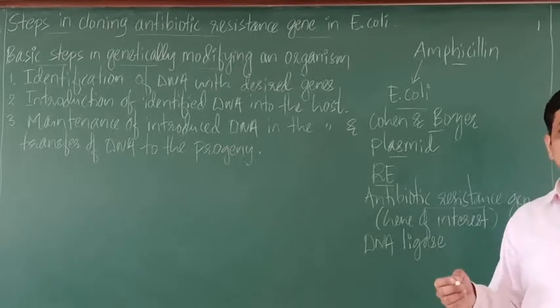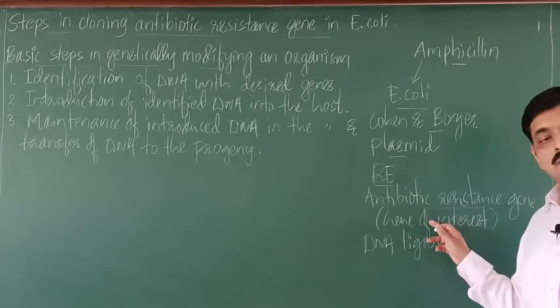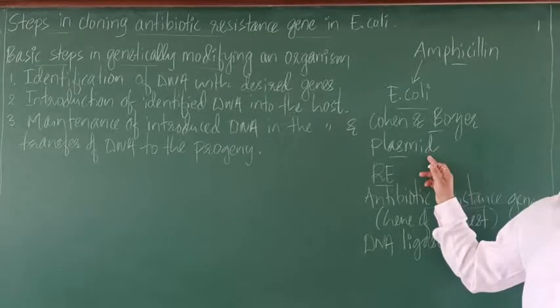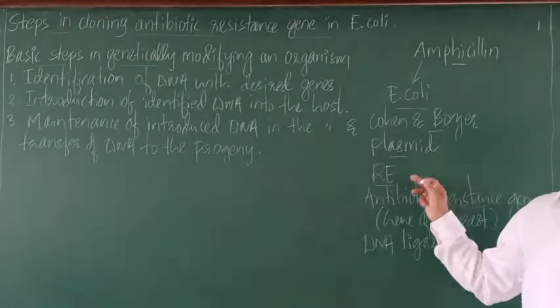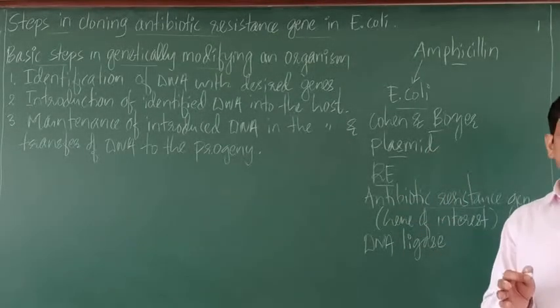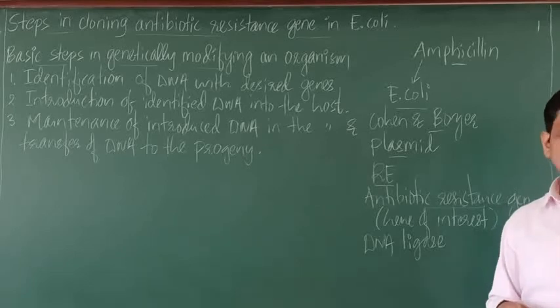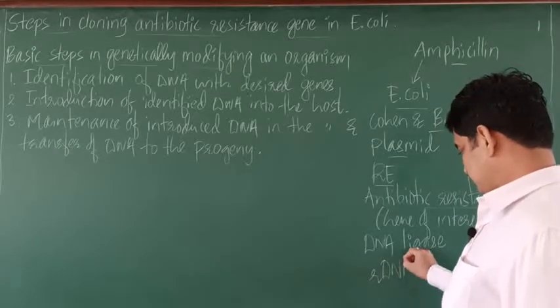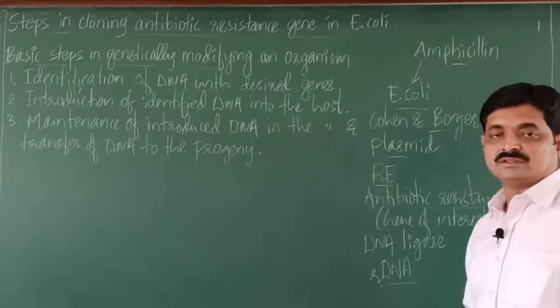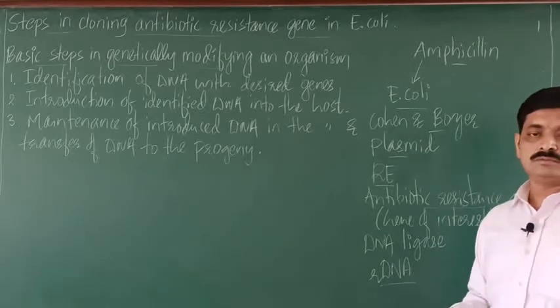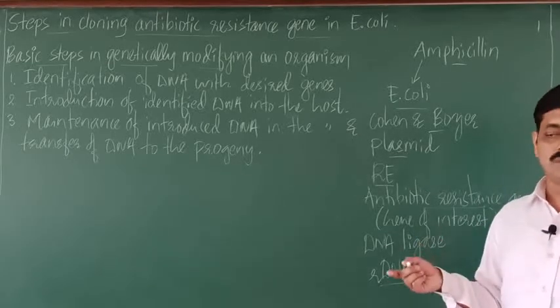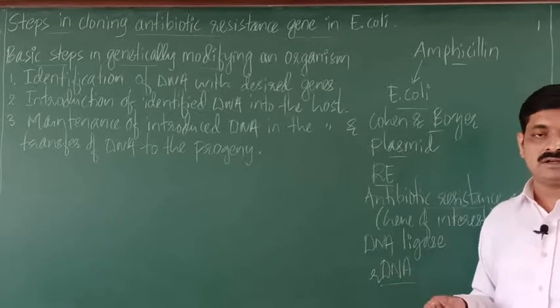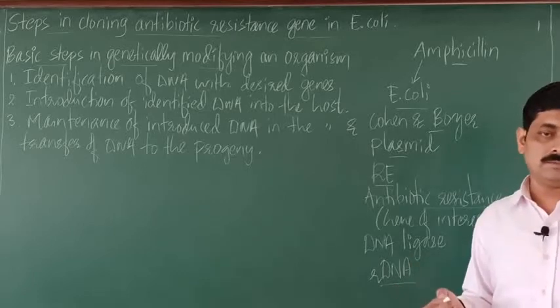With the help of this enzyme, this gene was inserted or fitted in this plasmid. So a plasmid with a desired gene, what is it called? It is called recombinant DNA. This is how Cohen and Boyer constructed a recombinant DNA.